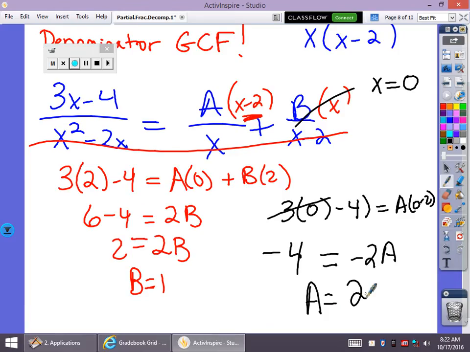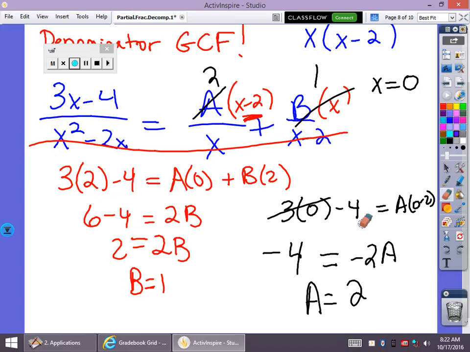So your final answer should be 2 over x and 1 over x minus 2. The 2 should be with the x. The 1 should be with the x minus 2. Okay? Yeah, it's times that number. Whoa. This one shouldn't have been a parenthesis, sorry.